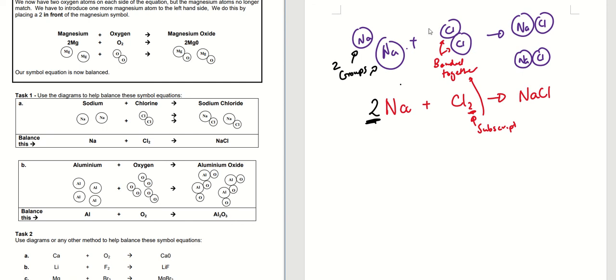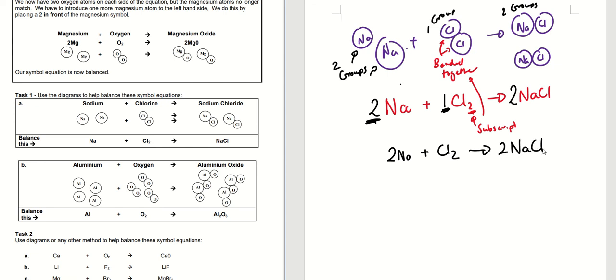I only have 1 group of Cl2, so that's just 1 there. And then I have 2 groups of sodium chloride. Okay, again, this 1 here is redundant, so I can rewrite this as 2Na plus Cl2 gives 2NaCl.